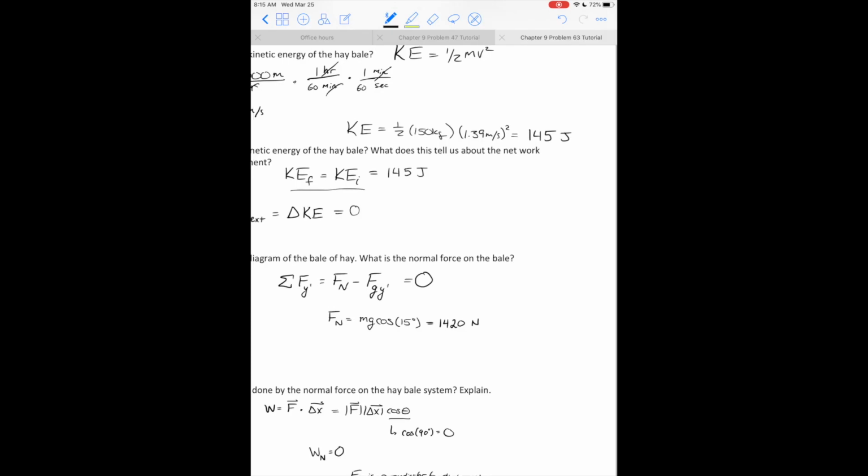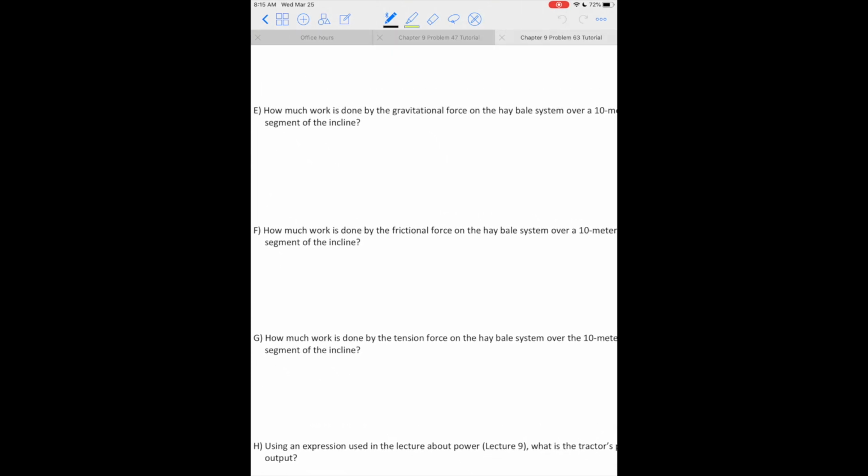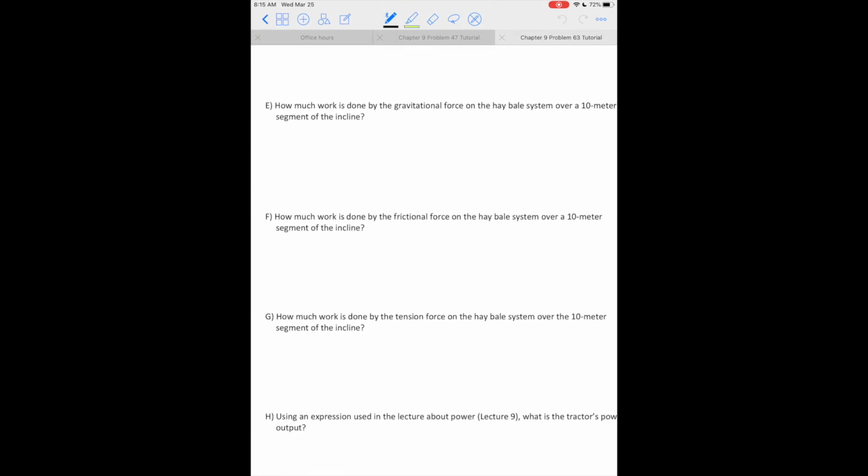Alright, so moving right along to part E: how much work is done by the gravitational force on the hay bale system over a 10-meter segment of the incline? So we're giving ourselves a displacement of 10 meters here. I actually want to go back.